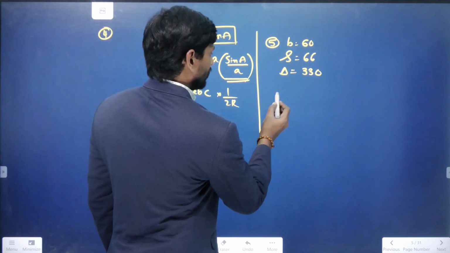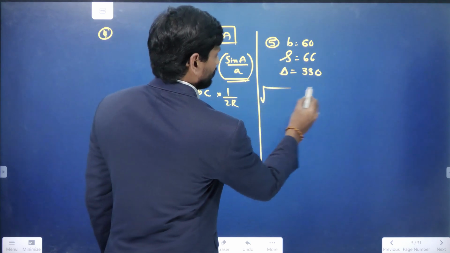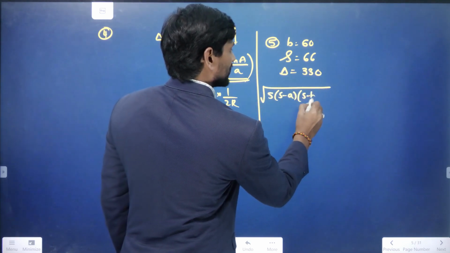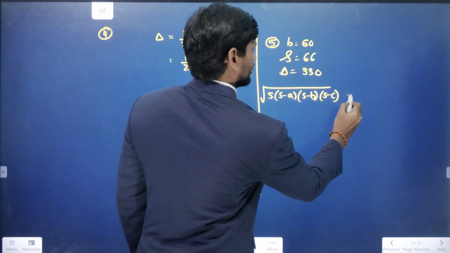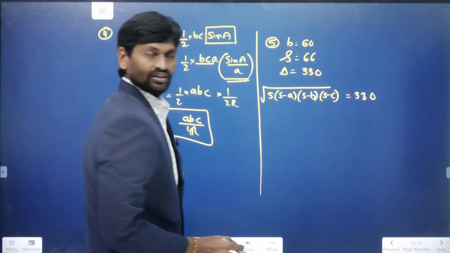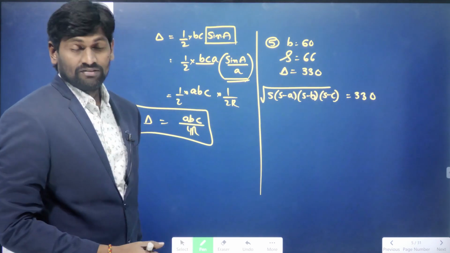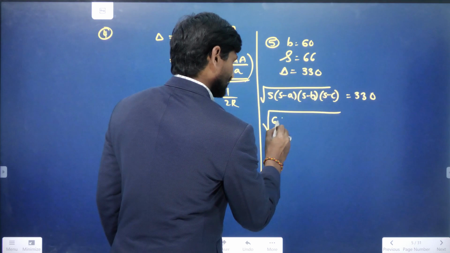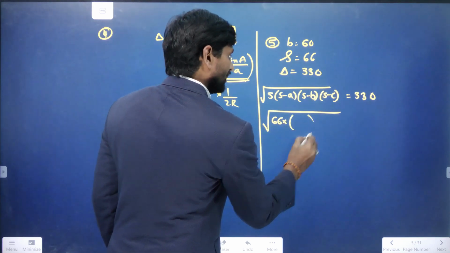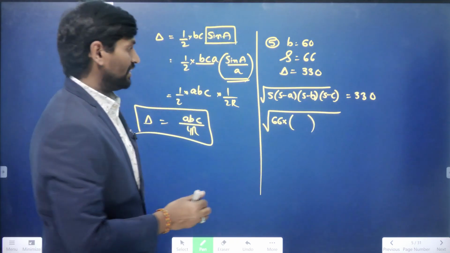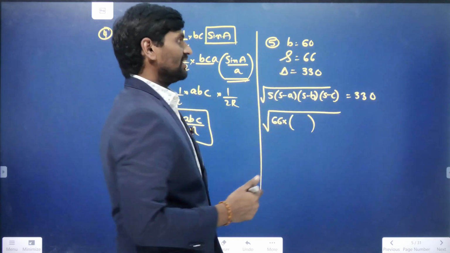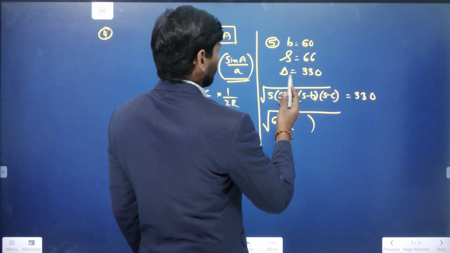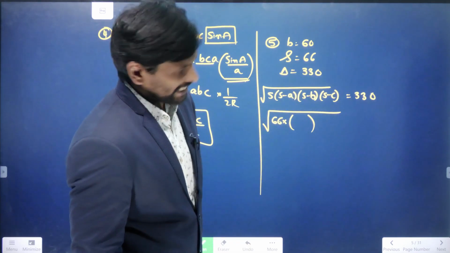Now we know the formula for the area of triangle is equal to root over S into S minus A into S minus B into S minus C. That is equal to 330, right? We know the S value is 66. So root over 66 into S minus A, S minus A means 66 minus A. Tan B by 2 we should find.